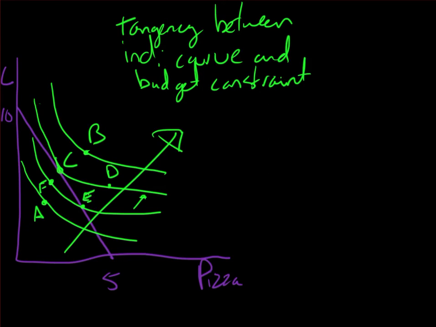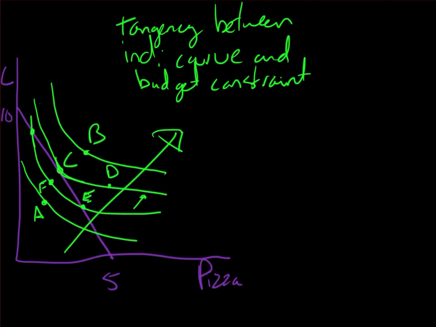I have this little point where they touch and then they move apart again. Compared to this indifference curve here, it crosses at this point and at this point. So it's not just touching, it actually crosses. Here I'm not crossing at all, here I cross once. But over here I'm away from it on one side, I barely touch it, and then I move away again. That's a point of tangency.